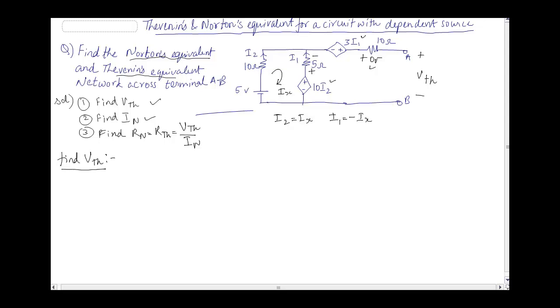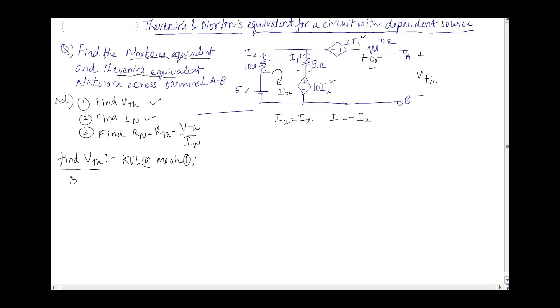So now let us write the KVL at mesh 1. From the flow of Ix, this would be plus minus. This is already plus, already the polarity is given. So let me take the front of the component.